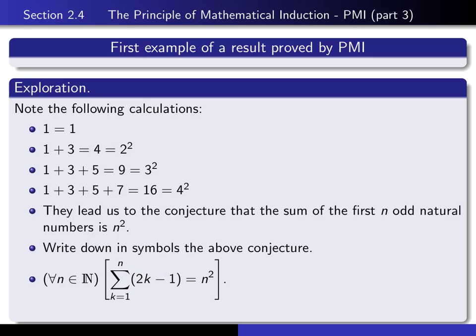It concerns a whole sequence of open sentences, namely for each n, this is an open sentence about that n. And so what you want to do is prove that every one of these open sentences is true, and so it's perfectly set up to make use of the principle of mathematical induction in order to do it.